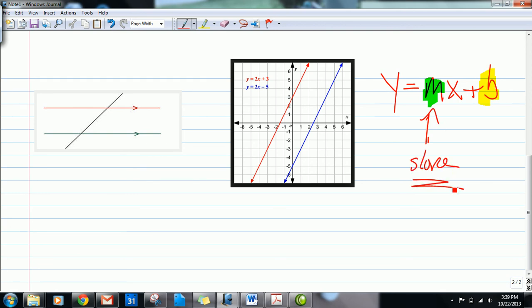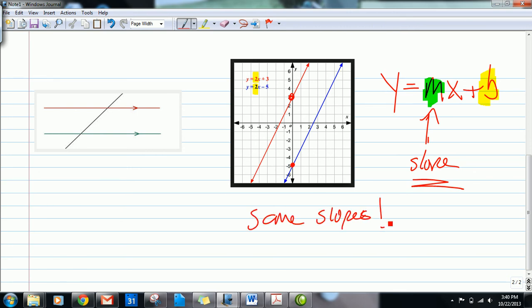And on a coordinate or Cartesian plane, two lines will be parallel if they have the same slopes, but different y-intercepts, right? So this guy has a y-intercept of 3. This line has a y-intercept of -5. But they still have the same slopes, right? 2 and 2, right?